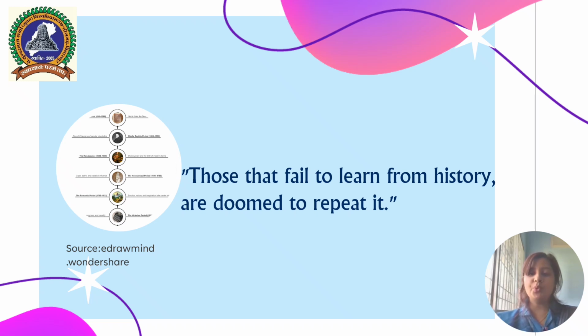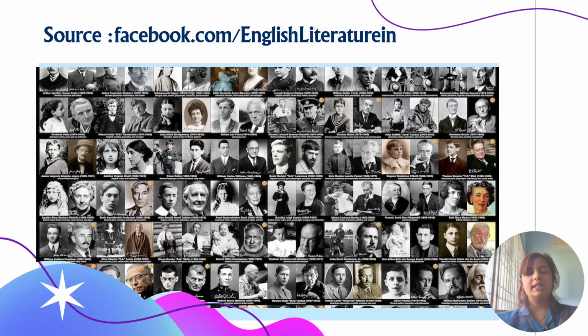And if you don't want to repeat the failures of history, you should study history. In this slide, I have mentioned the photographs of the prominent English authors. Learners may pause the video to have a detailed study of these authors.